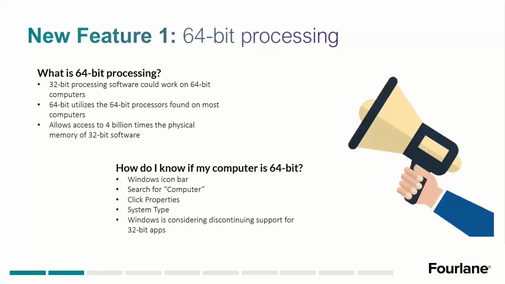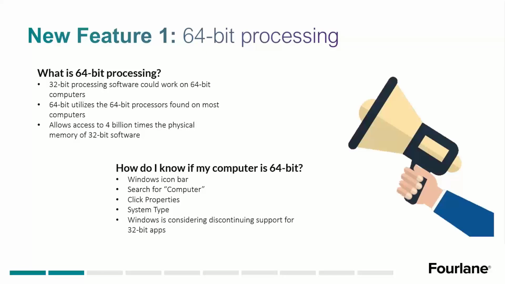Secondly, 64-bit software utilizes 64-bit processors found on most computers. And that allows access to 4 billion times the physical memory of a 32-bit software. So it's faster. You hear that? Faster. I'm so excited.